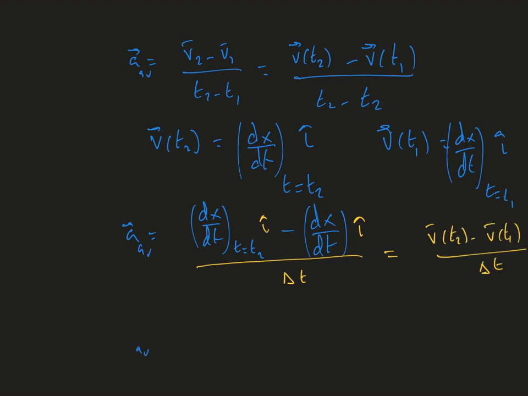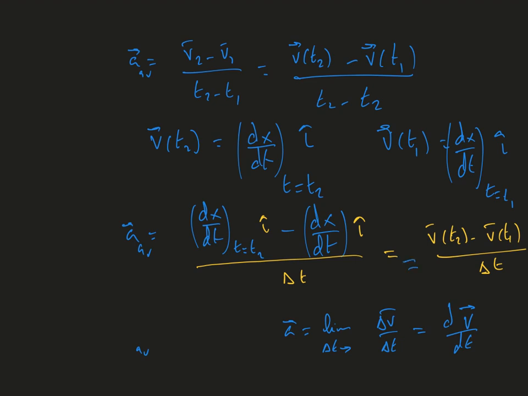So if I take now the instantaneous acceleration, I have to take the limit when delta t tends to 0 of delta v divided by delta t, which is simply the change in the vector velocity per unit of time. So I have defined the acceleration.